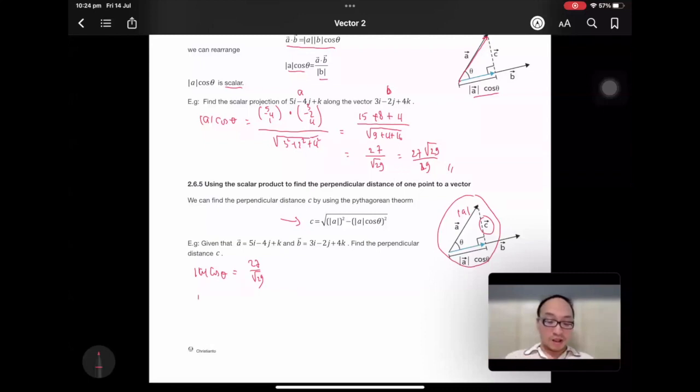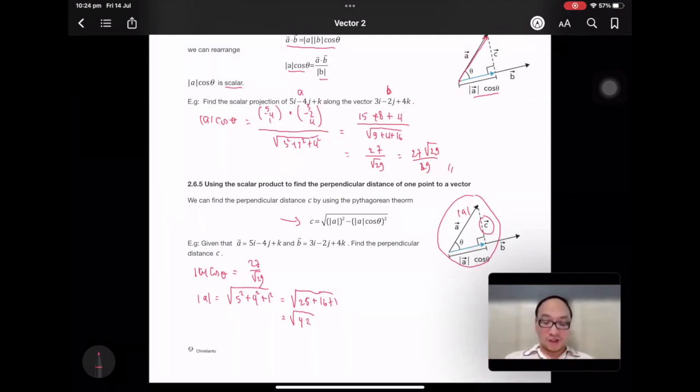And then the magnitude of A is the square root of 5 squared plus 4 squared plus 1 squared, which equals the square root of 25 plus 16 plus 1, so the square root of 42.